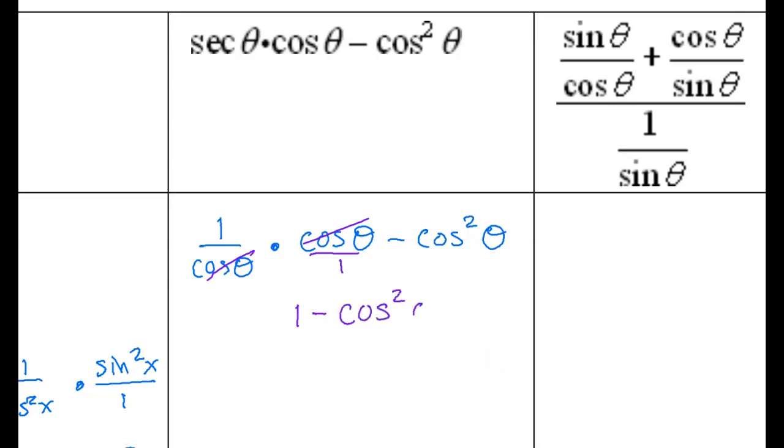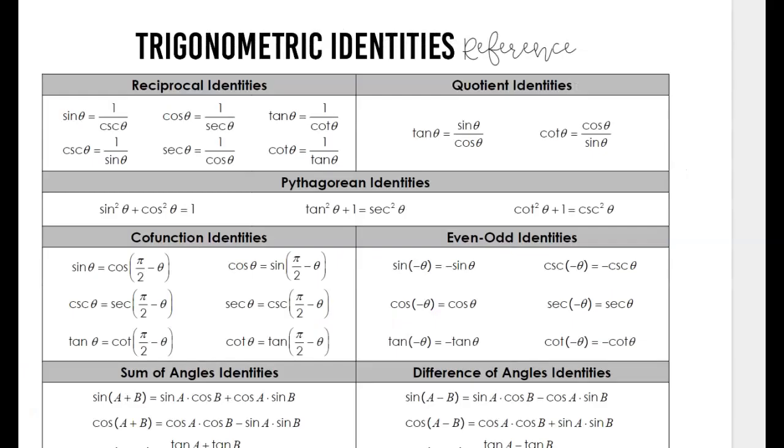This whole thing simplifies down to 1 minus cosine squared of theta. Now we have to look, is this our final answer, or do I have a trig identity that has 1 minus cosine squared of theta in it? So I'm looking on my trigonometric identities reference sheet. I can't actually find exactly 1 minus cosine squared of theta.